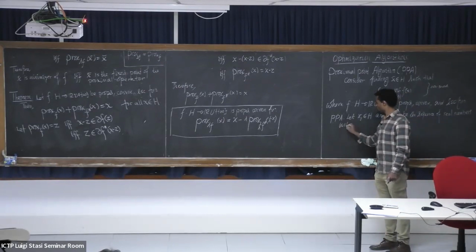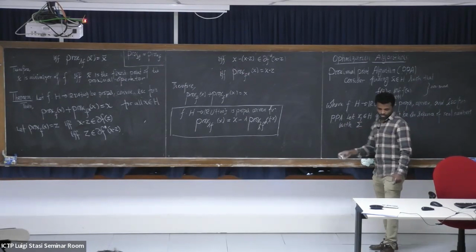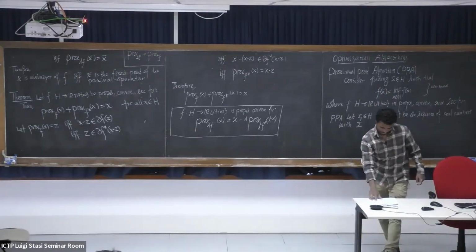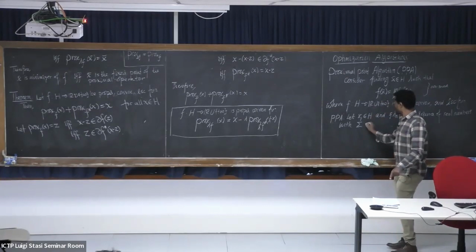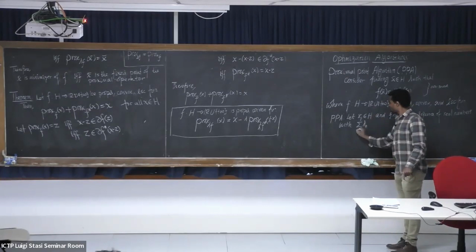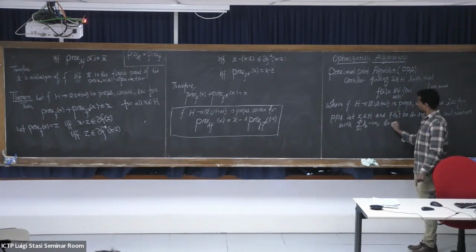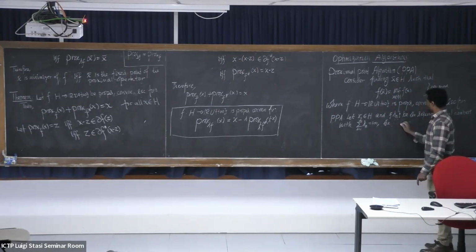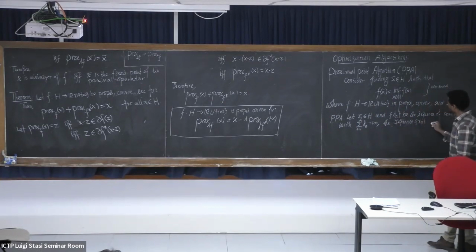This parameter should satisfy this. Then the sequence xn is generated by the iterative scheme.